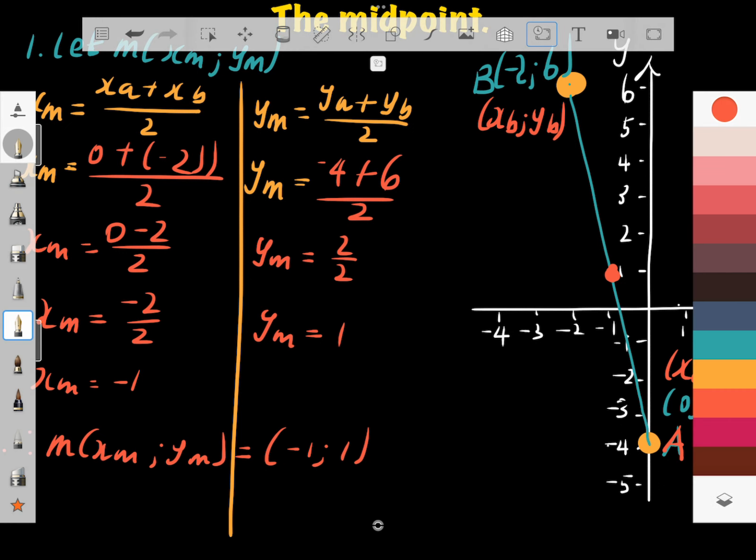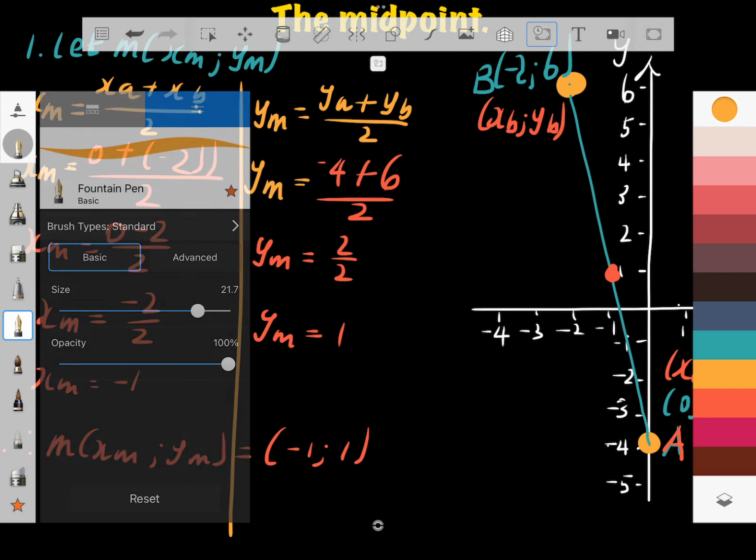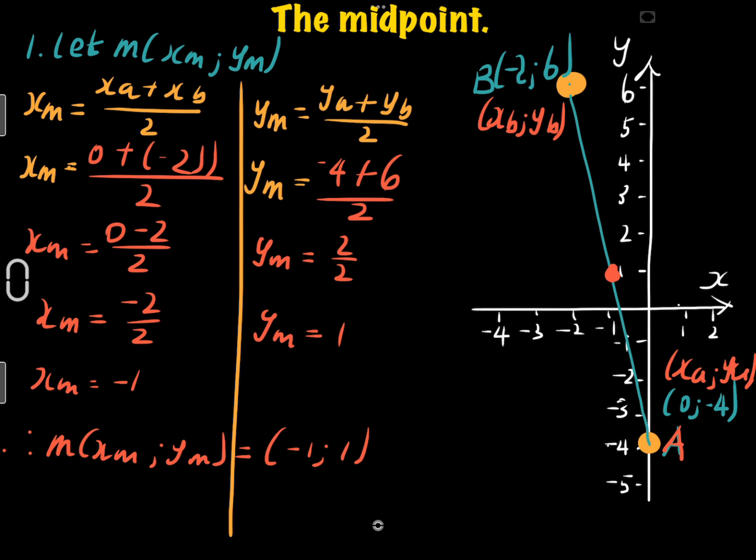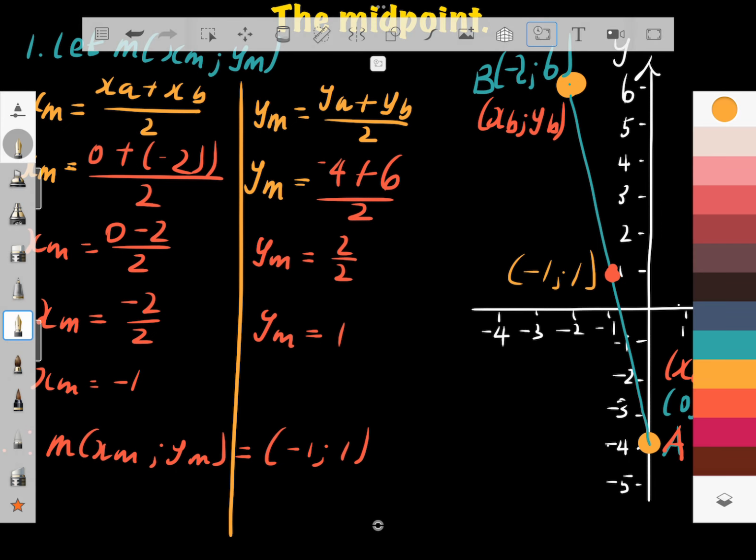Technically, this is our midpoint: -1 there, and then +1. So that's our midpoint application as far as this calculation is concerned. Moving forward, we now need to determine x and y in the following.